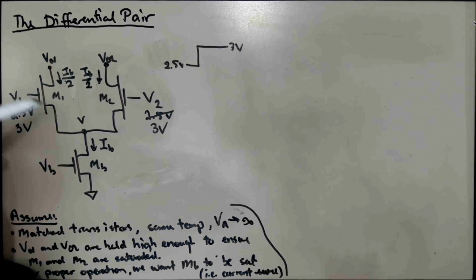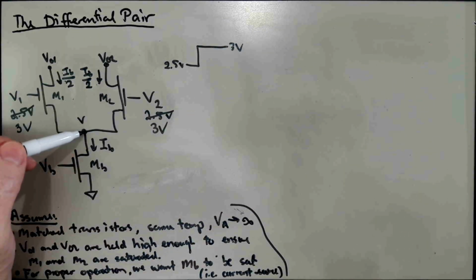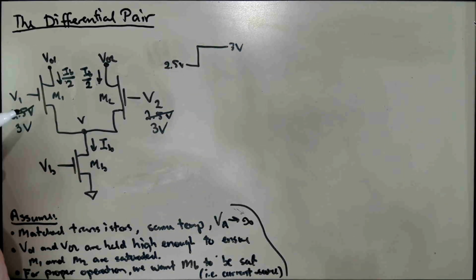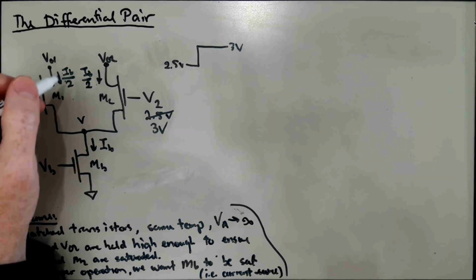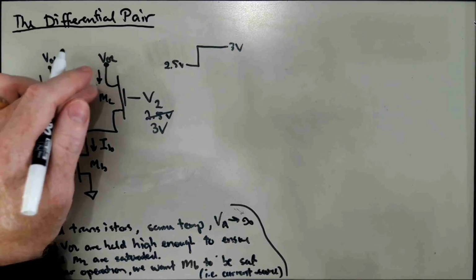Well, initially, what's going to happen? V1 and V2 now have half a volt additional gate to source voltage over what they had before, immediately after the step. The source hasn't gotten the memo. It's still wherever it happened to be. We could figure out roughly where it is. But the current in each side is now going to be transiently much greater than IB over 2.